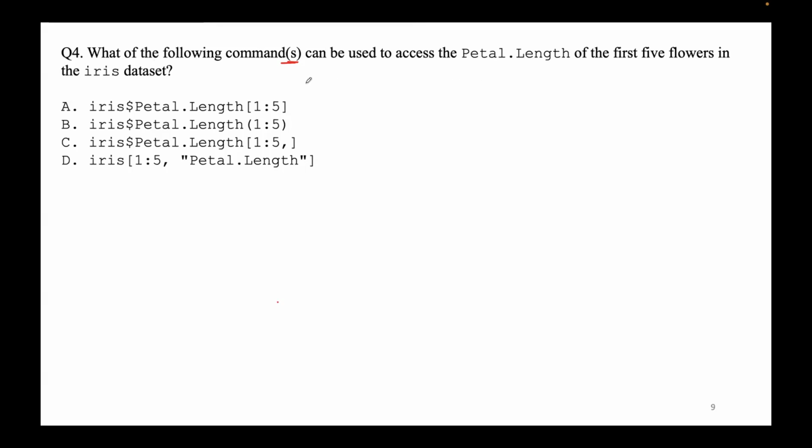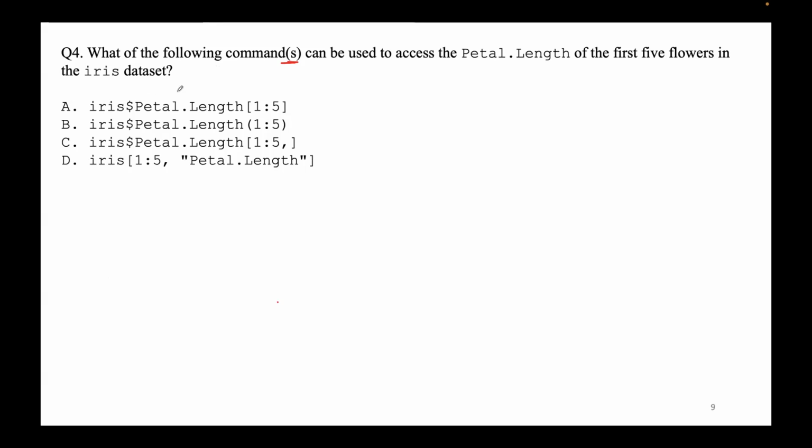If you want to access the first 5 elements of this column, which of these 5 options do you think is going to work? Hint, there are 2 correct answers here. A and D. A and D, that's correct.